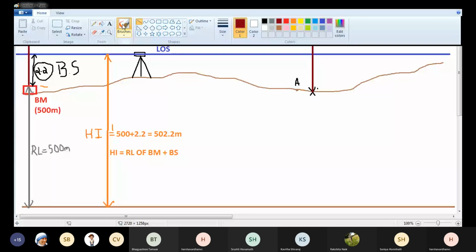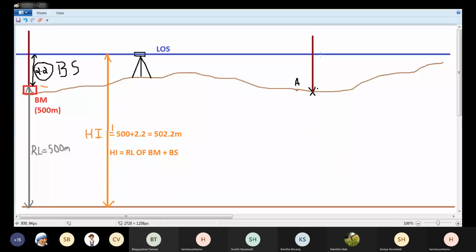Let's say this staff reading is equal to 2.5 meters.